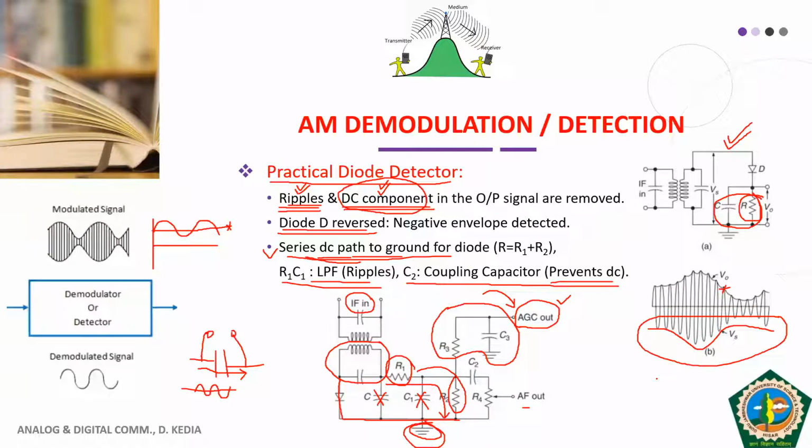We have also provided a series DC path to ground through R1 and R2. We have reversed the diode to provide negative automatic gain control. Fine. So by keeping these provisions of AGC and removal of ripple and DC component, your practical diode detector works.